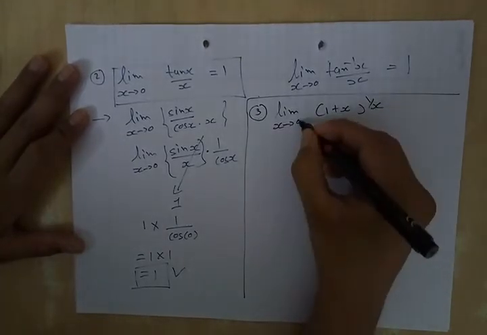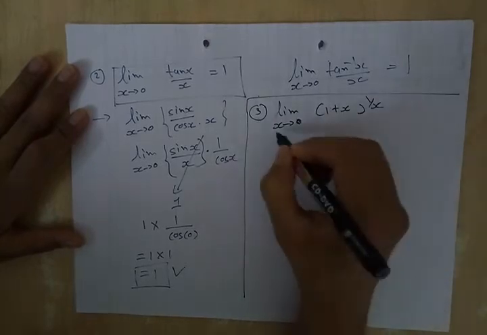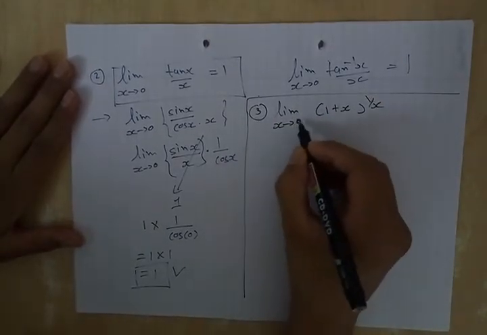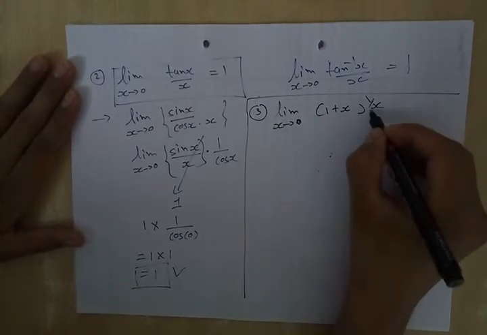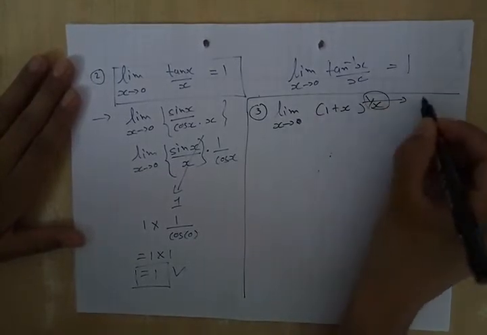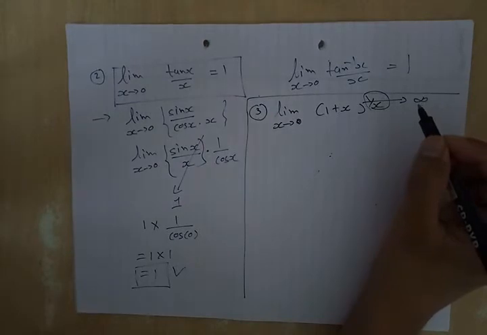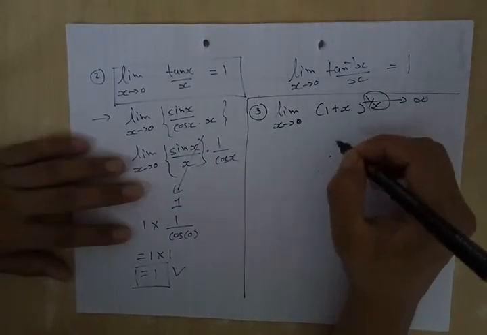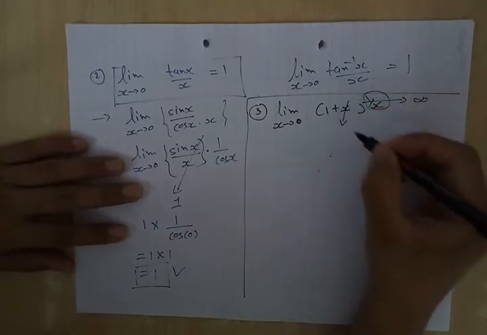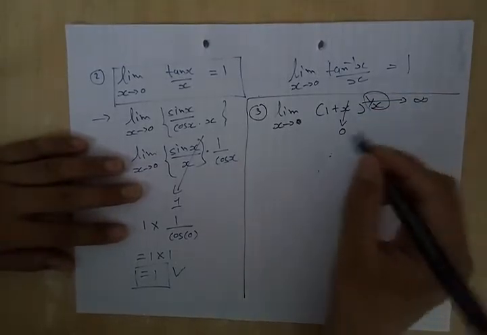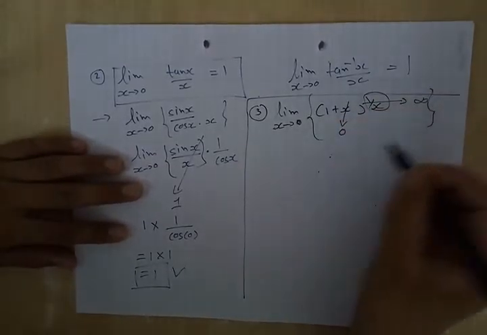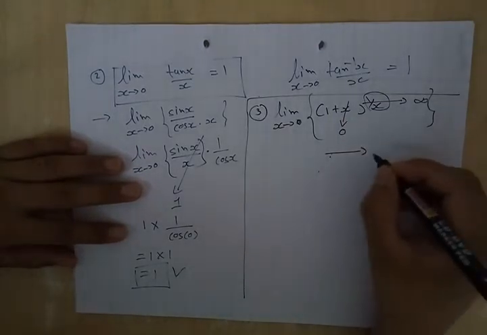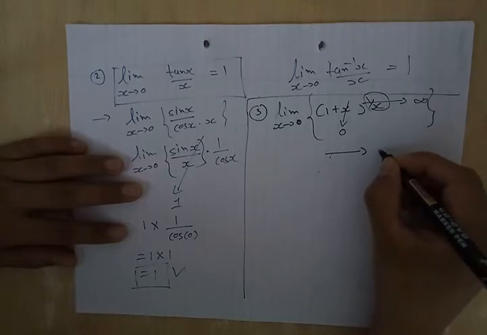Here as x approaches 0, this exponent term will approach infinity, and this term will reduce to 0. So this whole function will approach a particular value, which is called the constant e.